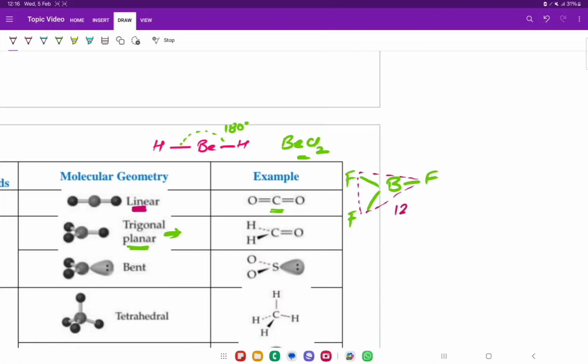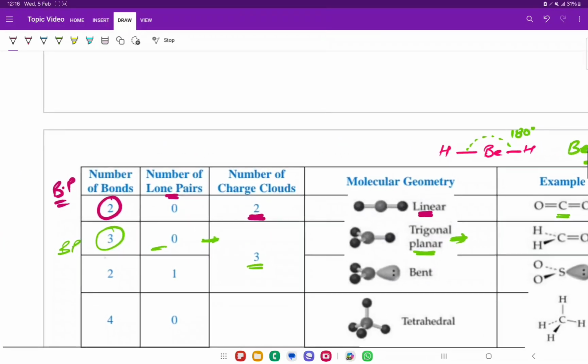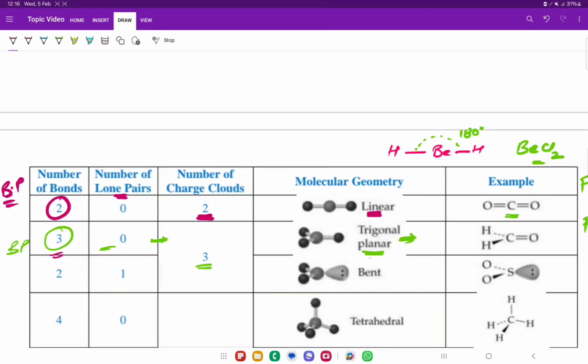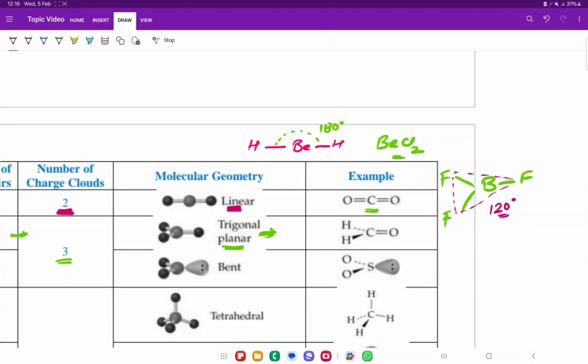The bond angles between all of these are 120 degrees. The shape and geometry of 3 electron clouds with all 3 bond pairs, no lone pair, is trigonal planar and the bond angles are 120 degrees. Example is boron trifluoride.